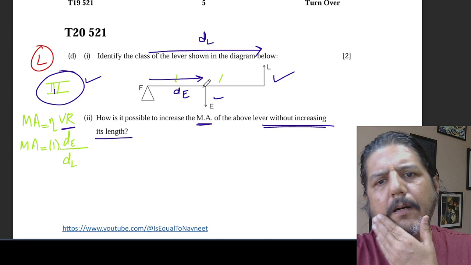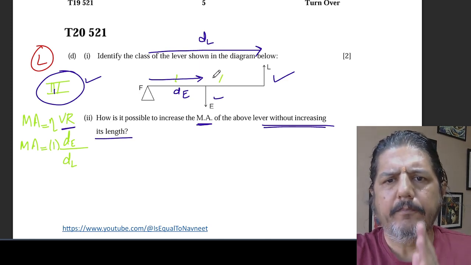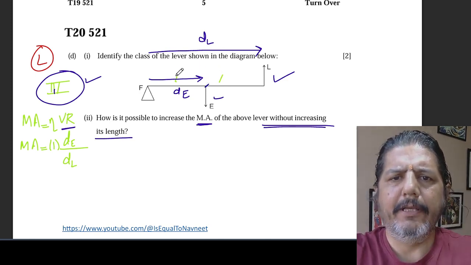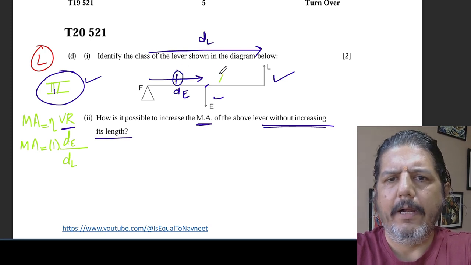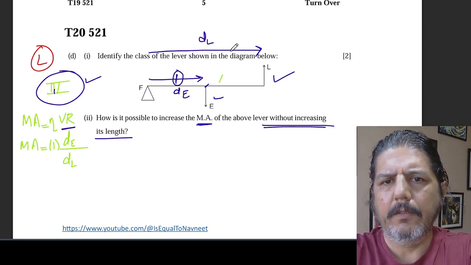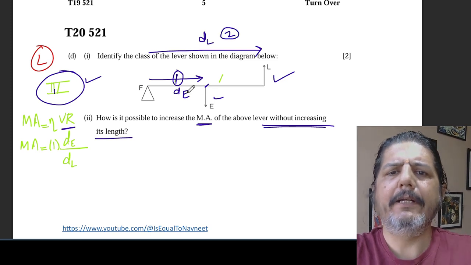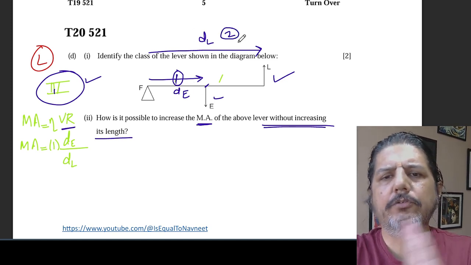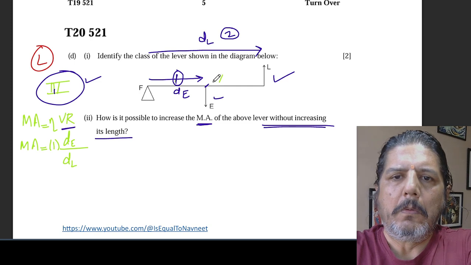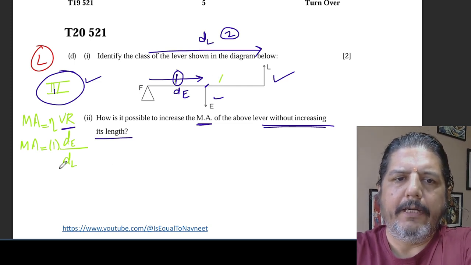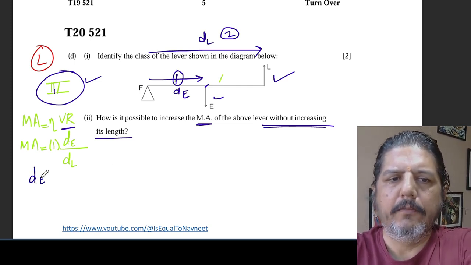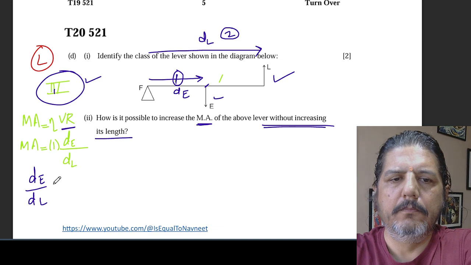Let me take a guess. Let me assume that dE is 1 centimeter and dL is 2 centimeter. So the ratio of dE to dL would be 1 by 2.